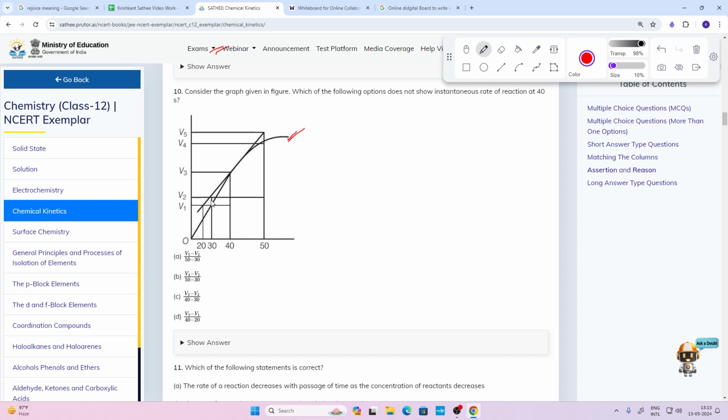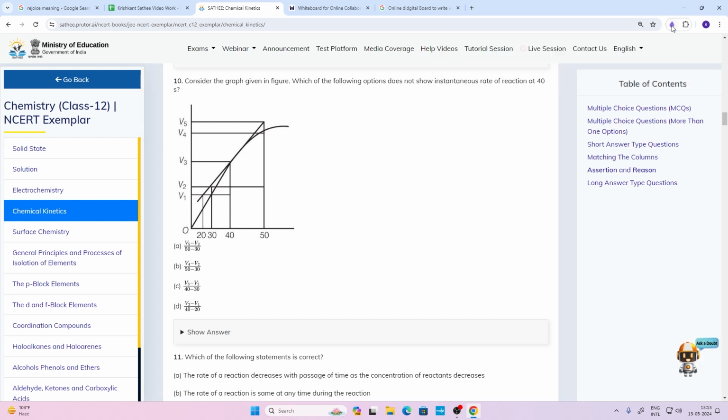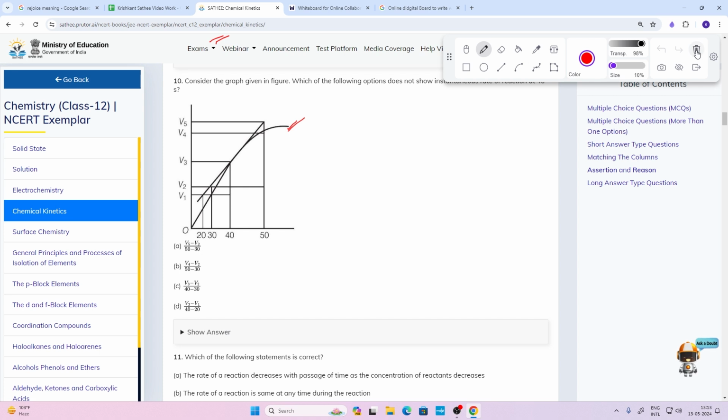So V3 minus V2, 40 minus 30. So one is this. C is correct. If you look at the tangent, it is passing through V3 and V2 at this point. Now if you look here, we again have a tangent at V4 and V3.